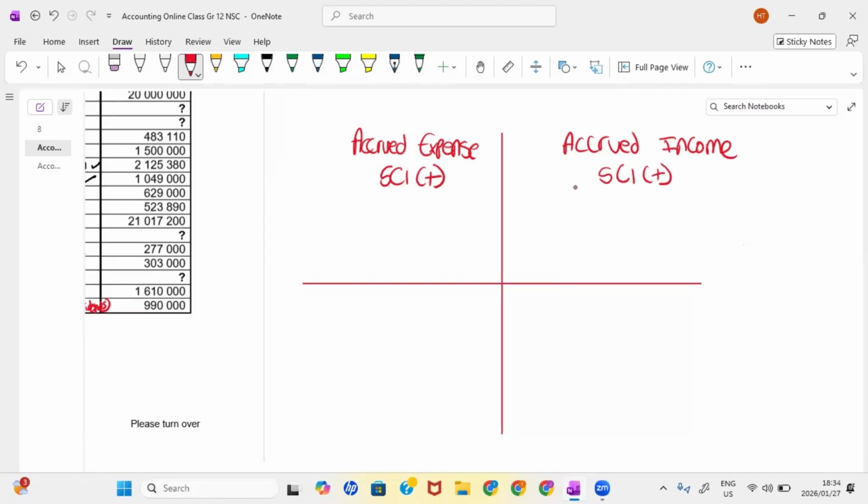Then we have deferred income and prepaid expense. These ones we subtract in the statement of comprehensive income.